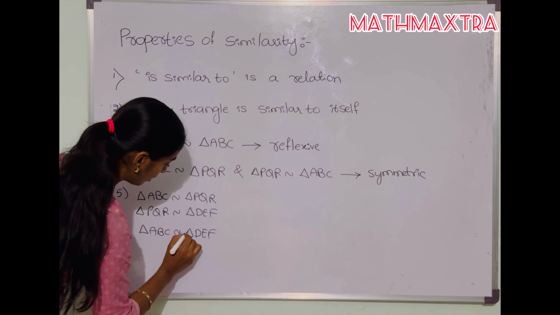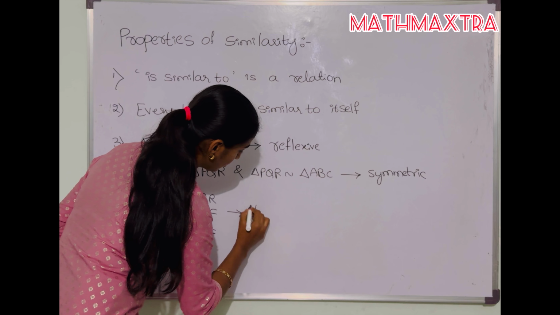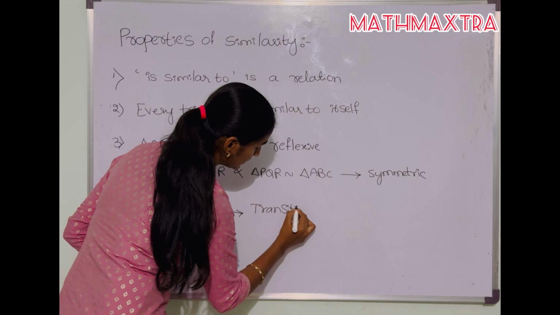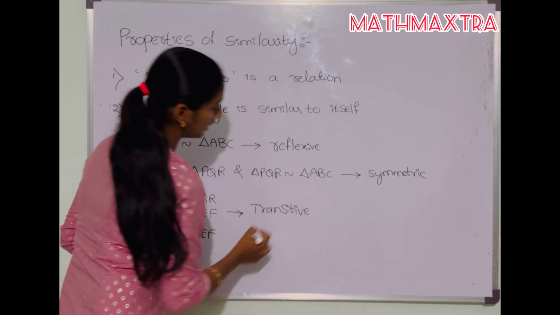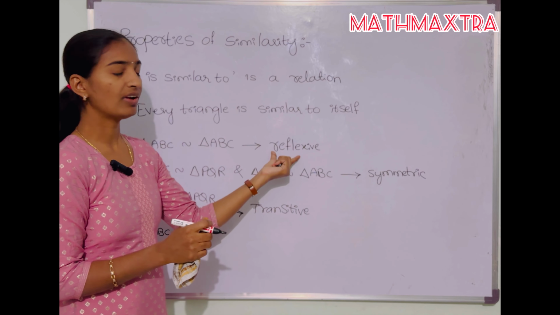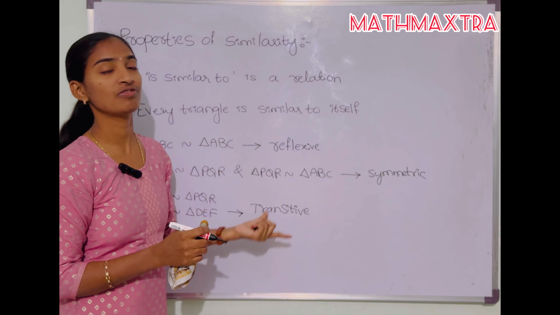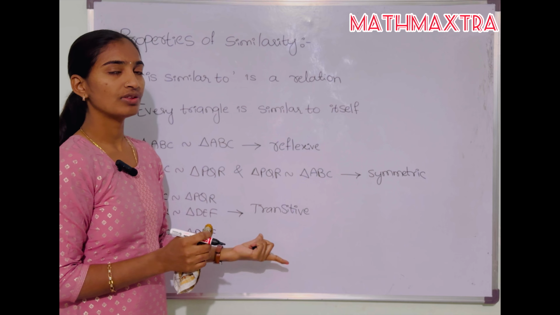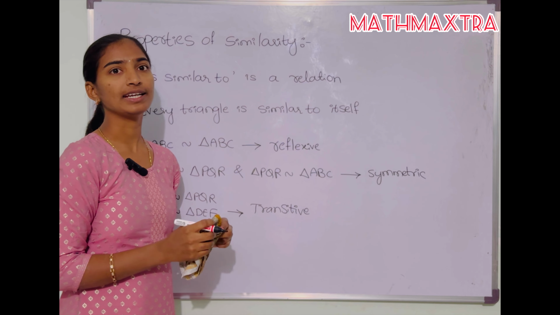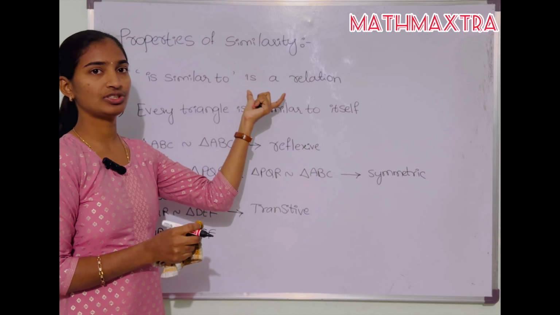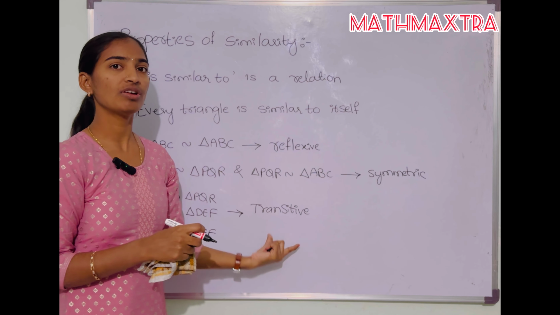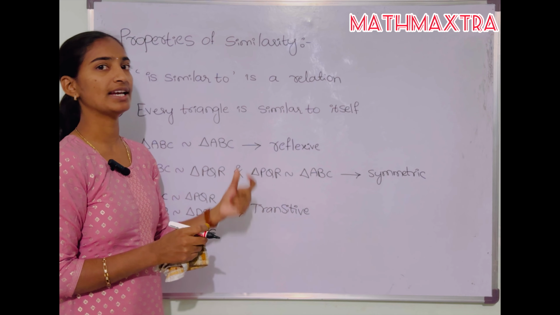We call this property the transitive property. As the similar to relation is reflexive, symmetric and transitive, it follows these three properties. That is why we call similar to an equivalence relation. We said it is a relation first, then it follows these three properties.